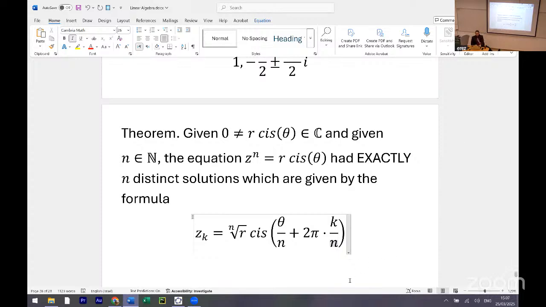So we will prove it in a few. I'll show you an example before, but that's the theorem.